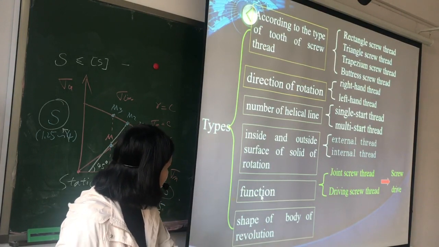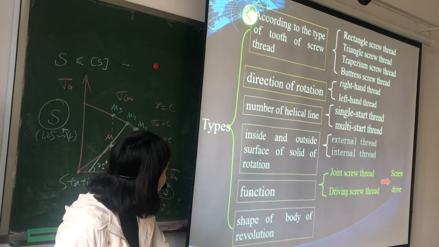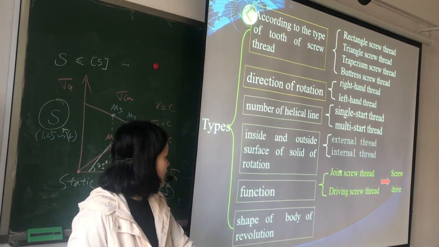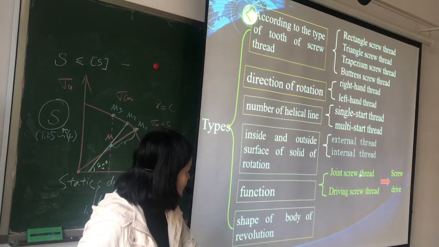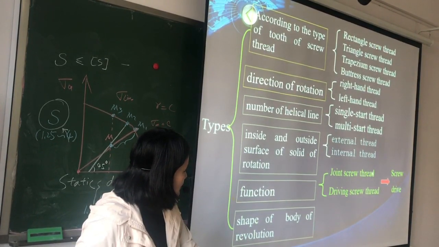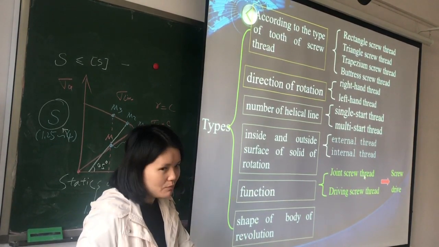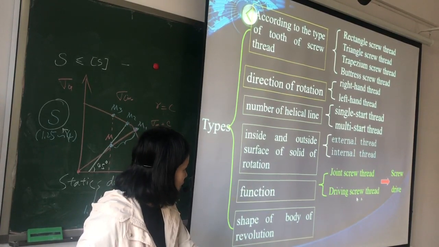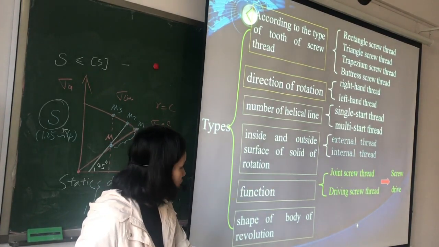And according to the function of thread, there is joint screw thread and driving screw thread. This thread is used for joining the members, and this is for driving force or torque.